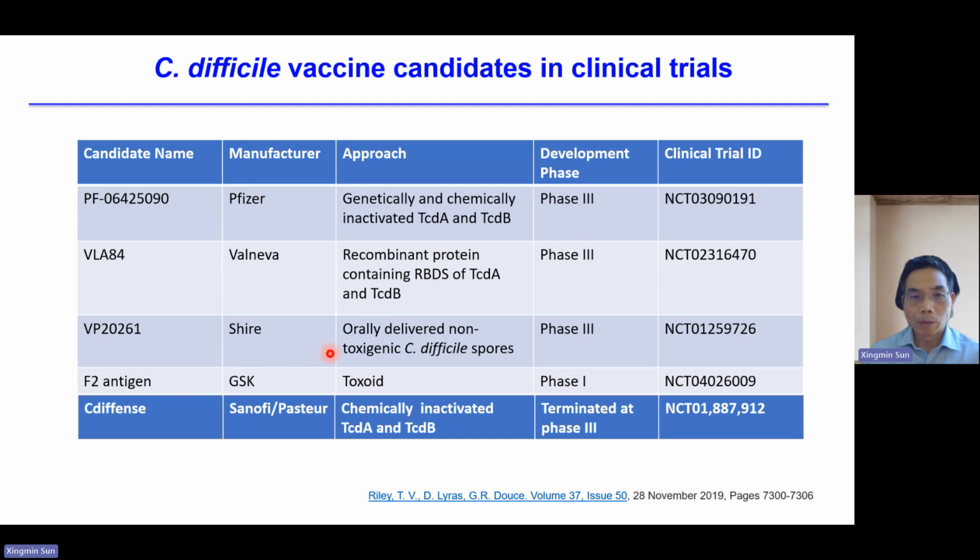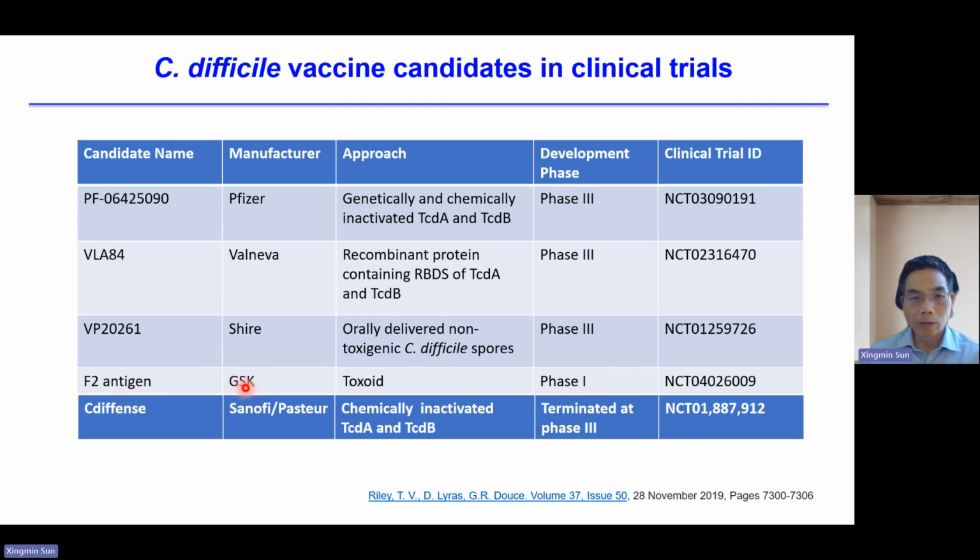Because the major virulence factors of C. difficile are toxins, if the strain doesn't produce toxin, it will not cause any disease symptoms. Therefore, non-toxigenic strains can be developed as potential vaccine candidates or as a delivery vehicle to carry other antigens against C. difficile infection. This one is also in a phase 3 clinical trial.